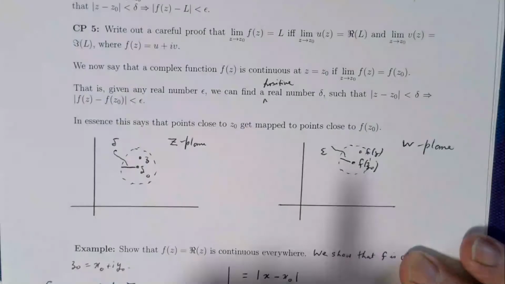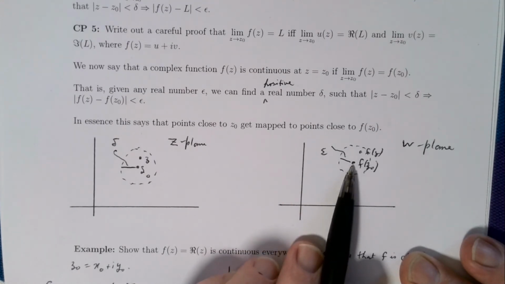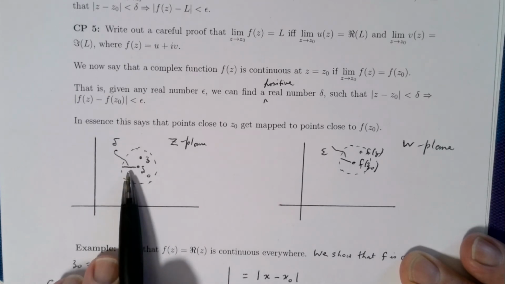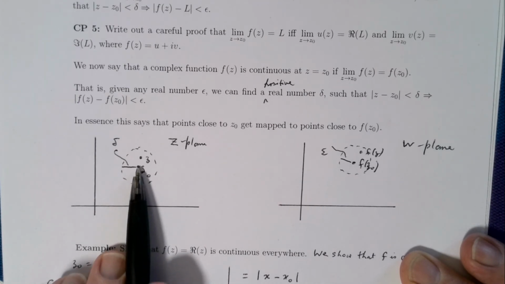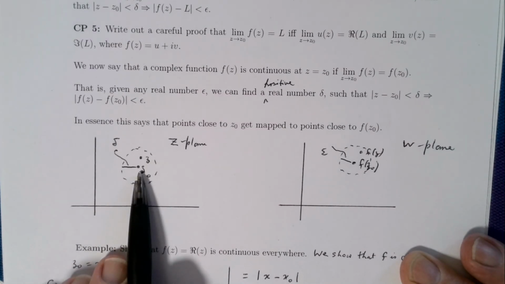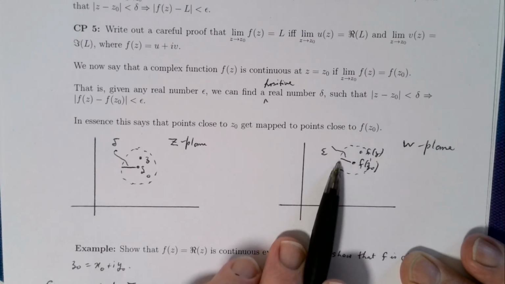I.e., you tell me how close you want these to be, you give me epsilon, I have to be able to construct a delta that tells you how close these need to be, so that if the distance between these is less than delta, the difference between these is less than the given epsilon.